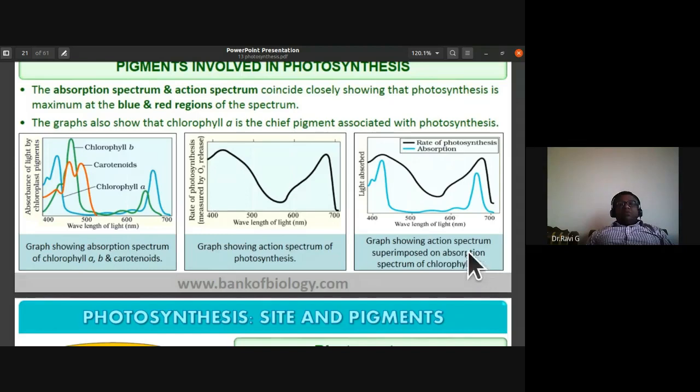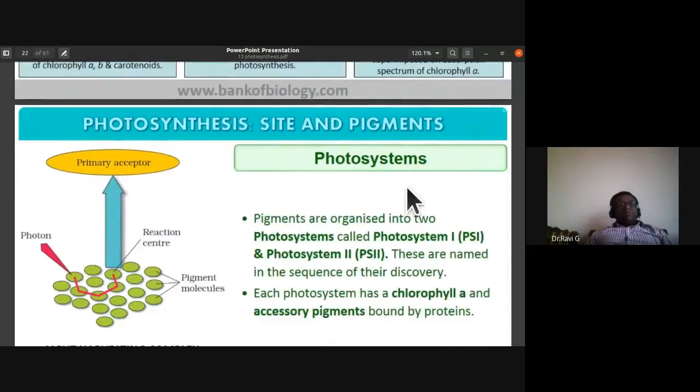So this is the graph showing the action spectrum superimposed on the absorption spectrum of chlorophyll A. And you can notice the maximum is seen. The absorption spectrum and action spectrum coincide closely at the blue and red regions of the spectrum. So that is what you have to remember.